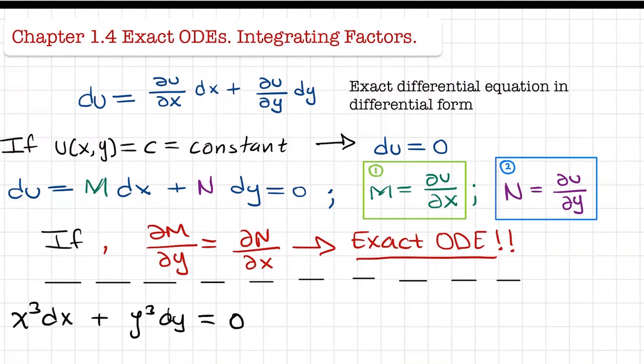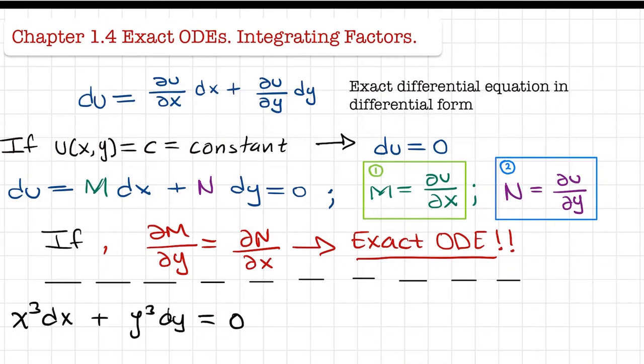So in chapter 1.4, we have the topic of exact ODEs, in which we have an ODE that's been written in a certain way, and we can find if they are exact if they meet the following conditions. Whatever ODE is given, we need to identify first the M and the N terms.